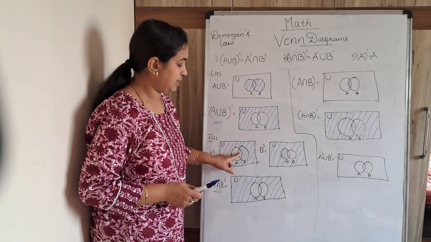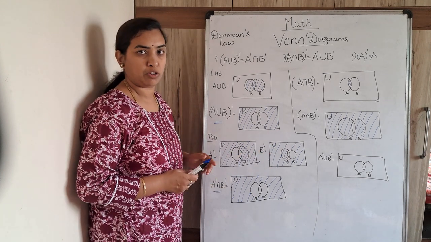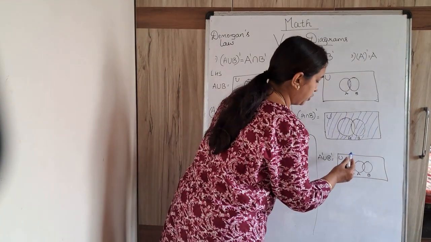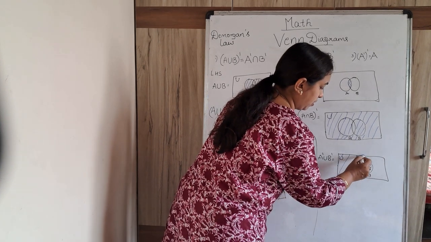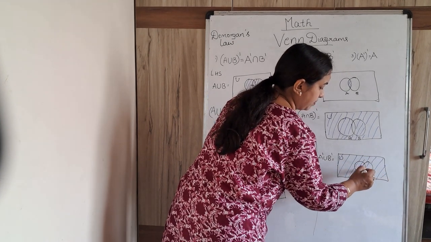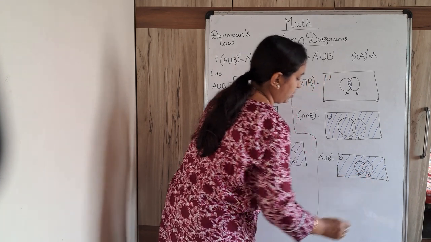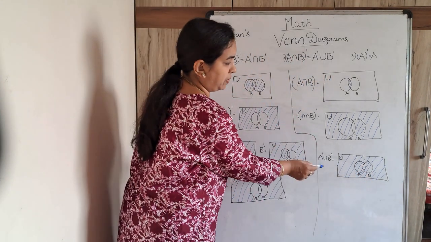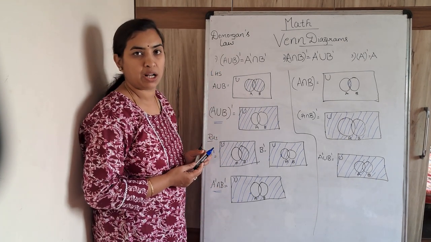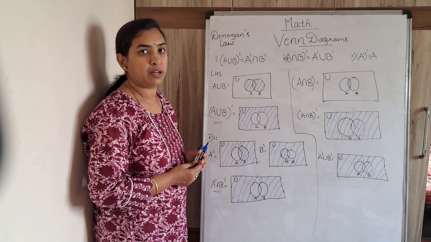This intersection part has not been shaded in both of them. So by taking the union, you have to shade everything except that intersection part. Okay. By comparing these two diagrams, we can say that A intersection B whole dash is equal to A dash union B dash.